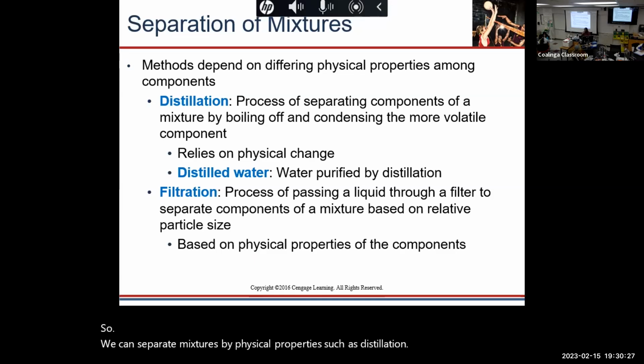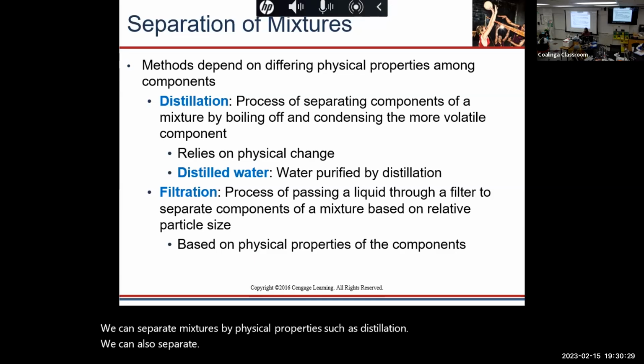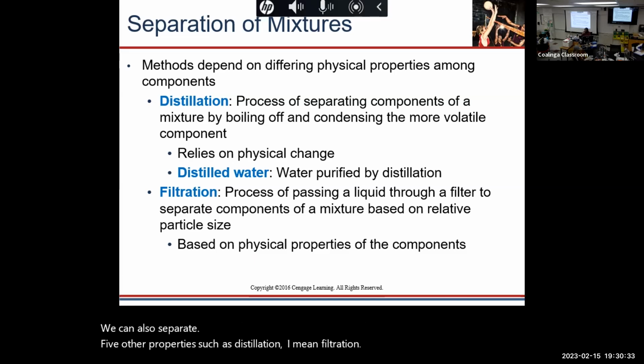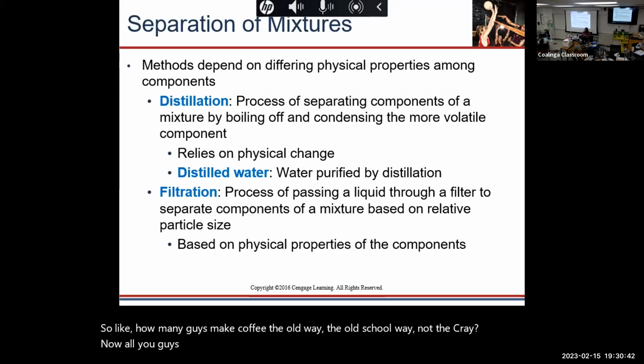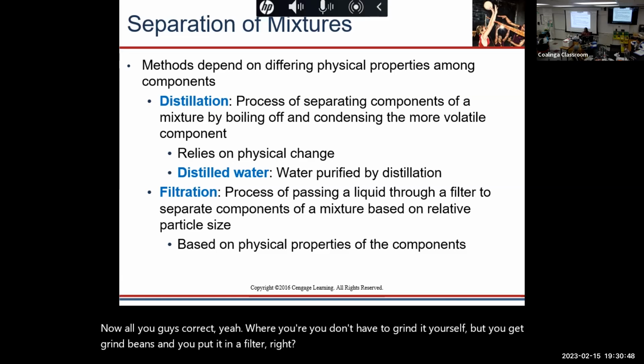We can also separate by other properties, such as filtration. So how many of you make coffee? The old school way, not the Keurig. You get ground beans and put them in a filter, and then you pour water through.